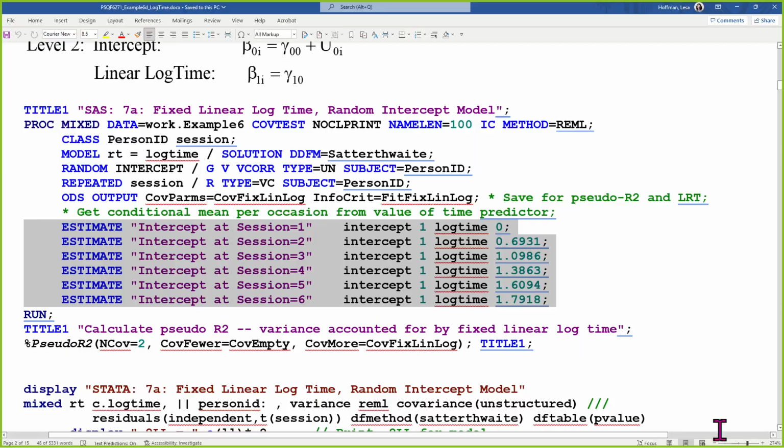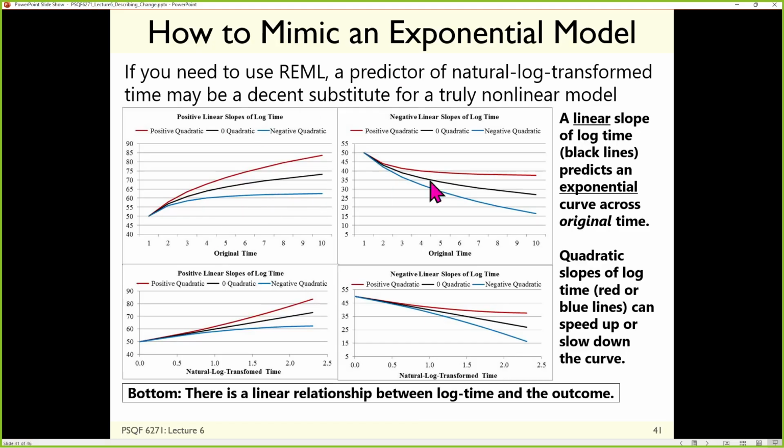So that's where these pictures in slide 41, that's how I made them. The x-axis on the bottom is log transform time, and then I exponentiate the predictions from log transform time as the predictor into this picture where original time is on the x-axis instead.